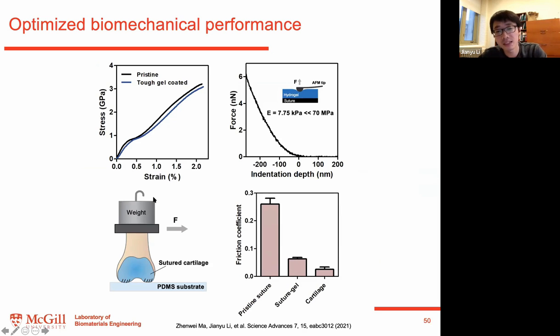And having this hydrogel surface, we have enabled this lubrication property, and it can significantly reduce the friction coefficient of the suture on the tested PDMS surface.